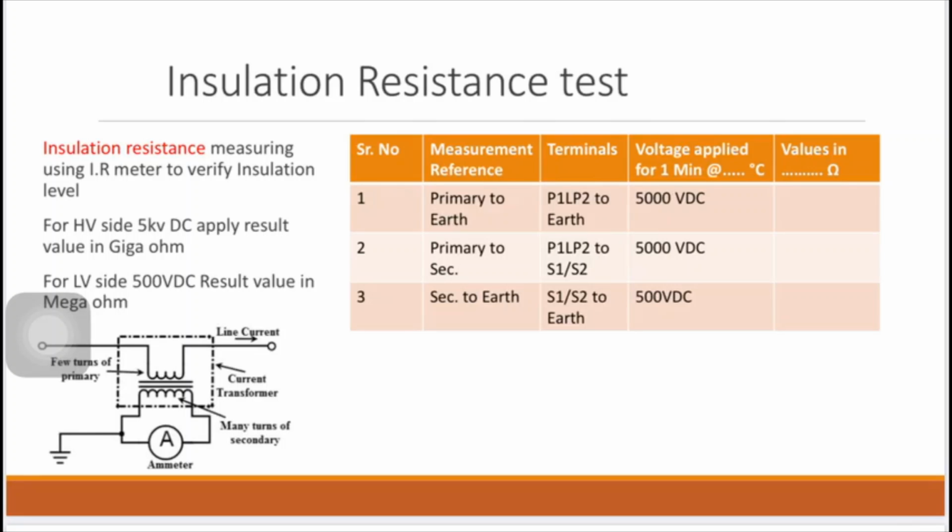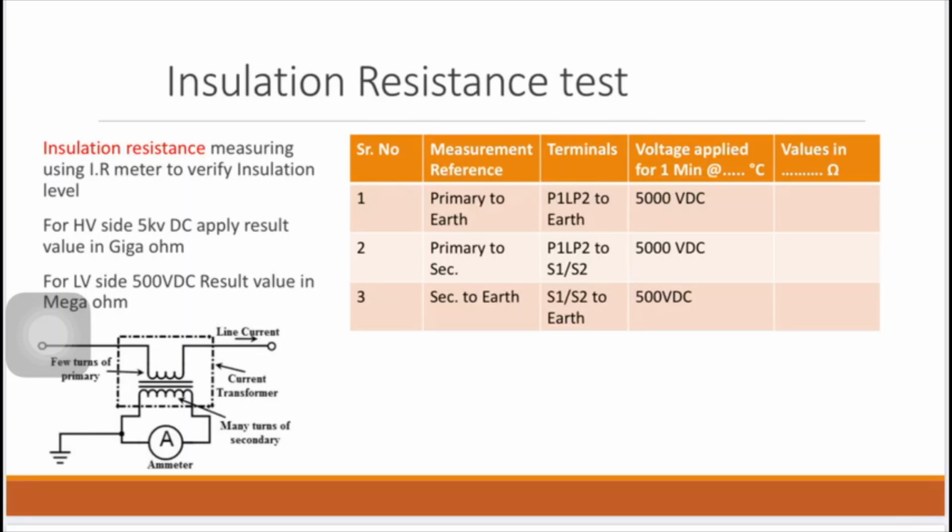When we apply the voltage, we have to be very careful. For the secondary, we always apply 250 volts or 500 volts. For the primary, if the CT voltage level is more than 11 kV or 6.6 kV, we can go for a 5 kV megger. If your CTs are LT CTs, that is 415 volt CTs, you do not apply 5 kV.